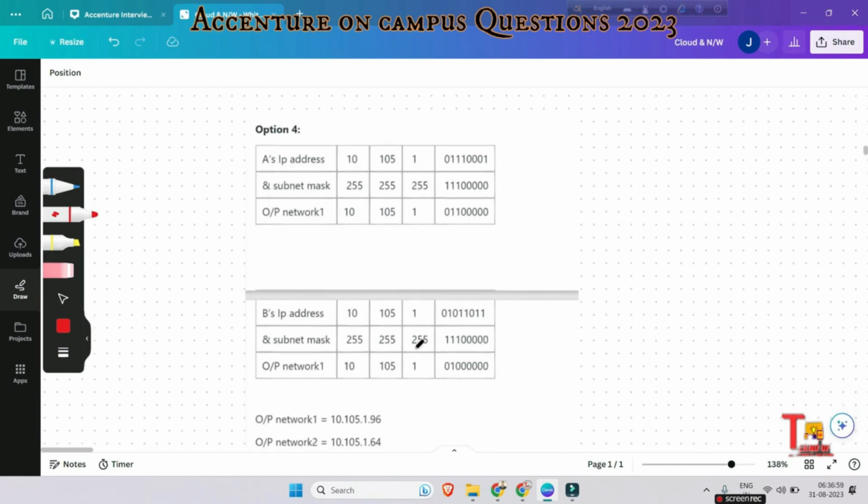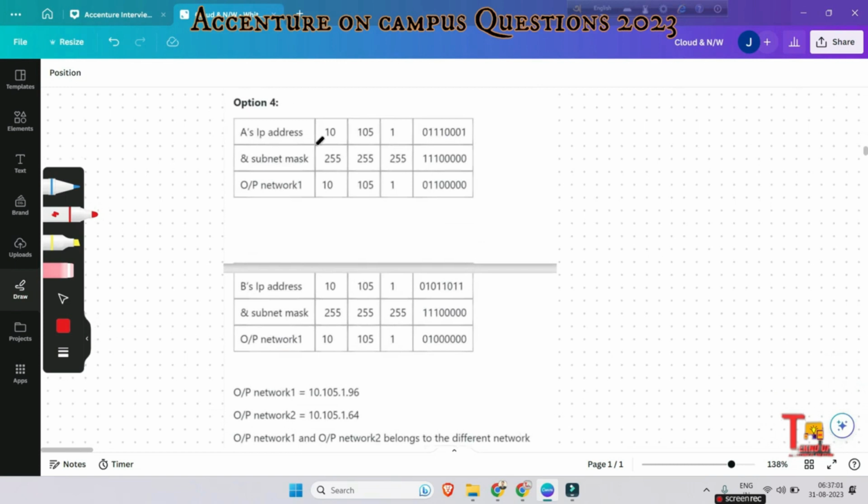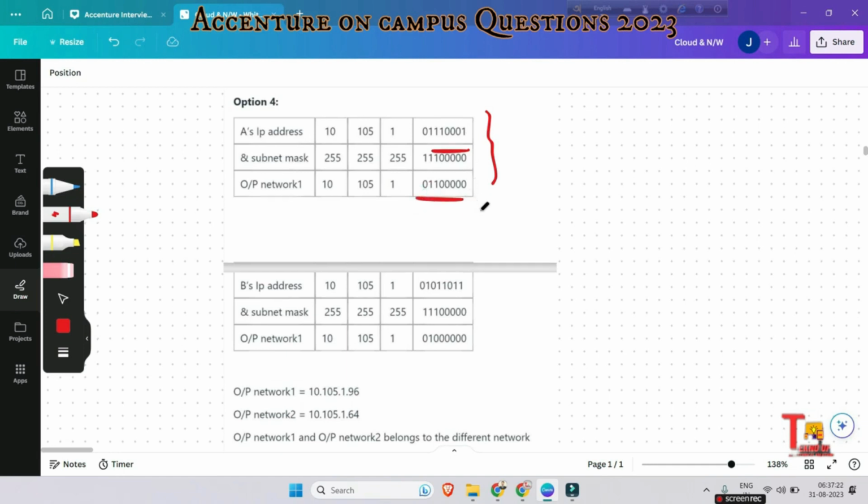But if we do the AND operation between A's IP address and the option 4 subnet mask, then we get: false and true is false, true and true is true, true and true is true, true and false is false, and so on, and the result is this.